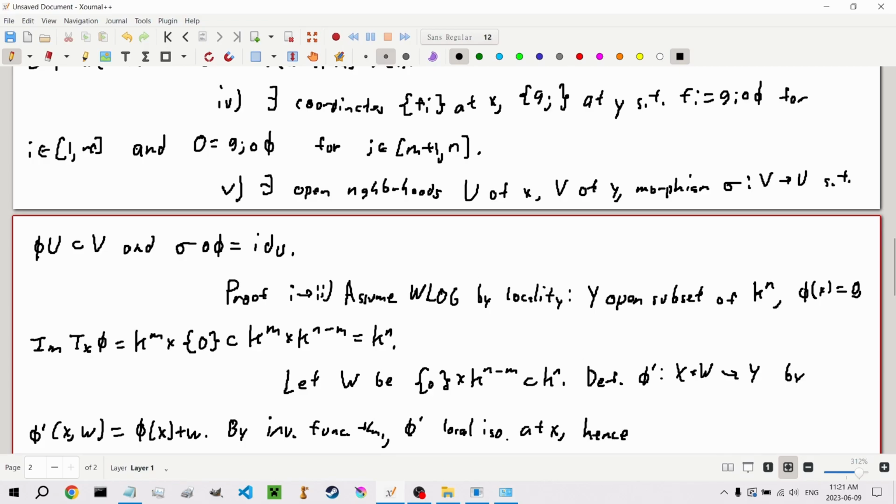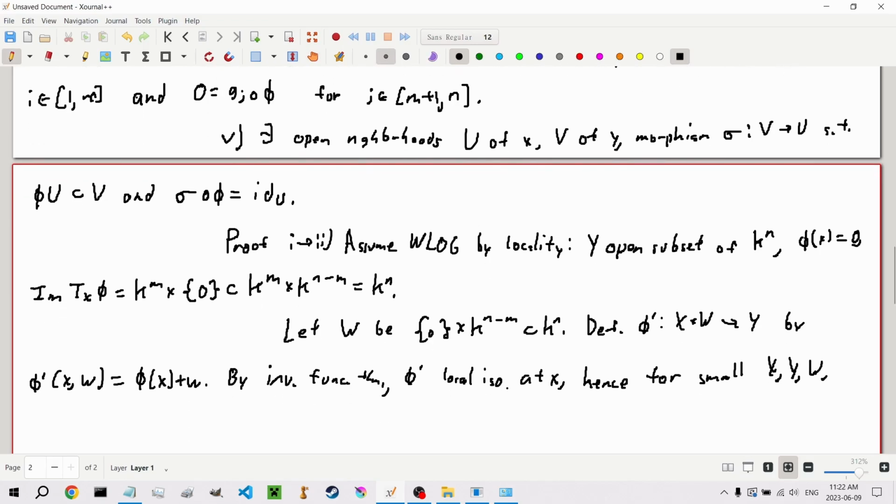Hence, by shrinking down X, Y, and W, we may assume that phi prime is a local isomorphism.